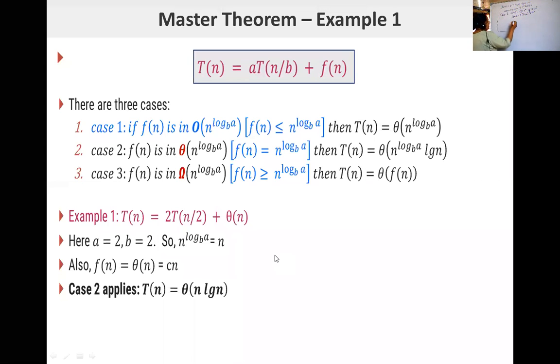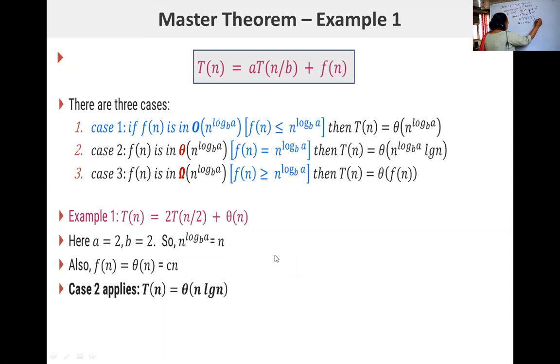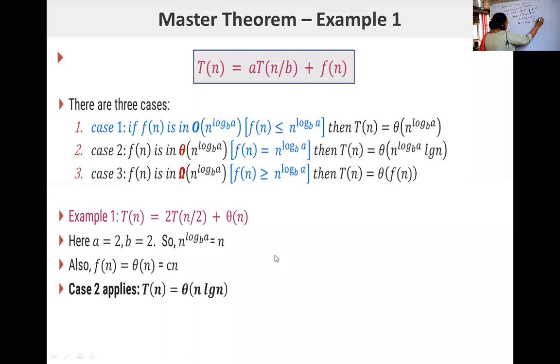Now if I compare this equation with the master theorem, aT(n by b) plus f(n), and f(n) says n raised to power d. So a is equal to 3, b is equal to 2, f(n) is n raised to power d, which is n square. So that implies the value of d is 2.